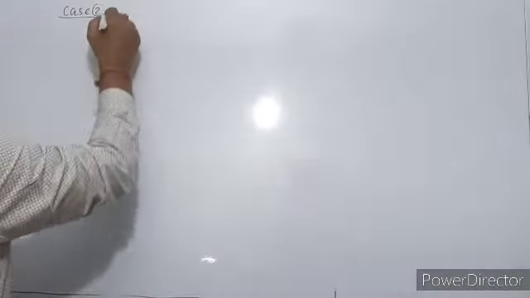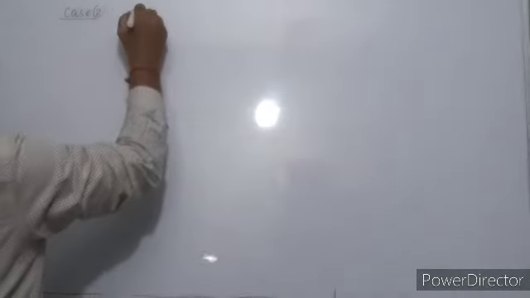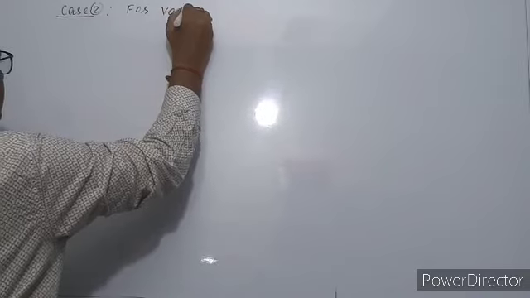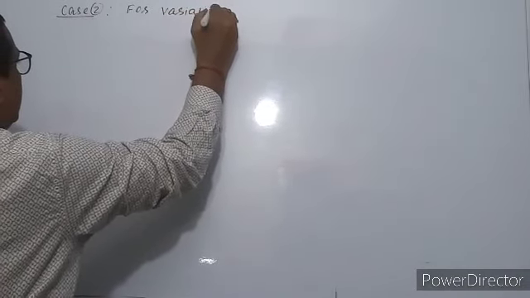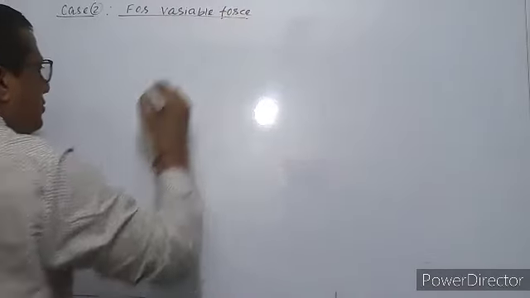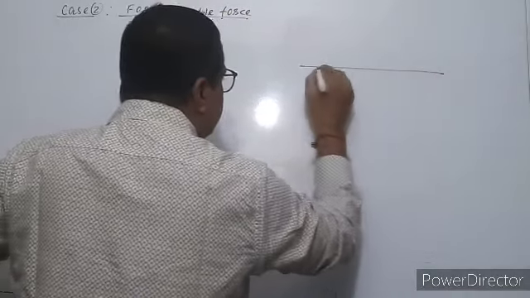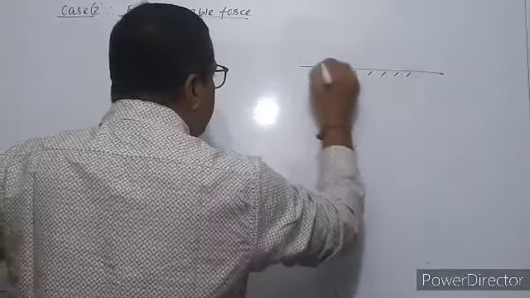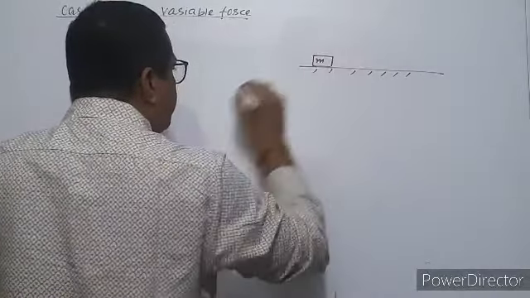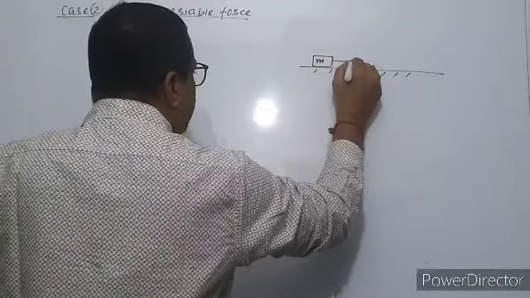In case 2, we will see the work energy theorem due to variable force. So case 2, for variable force. Suppose that this is a surface, here the body is kept, its mass is m and its initial velocity is u.